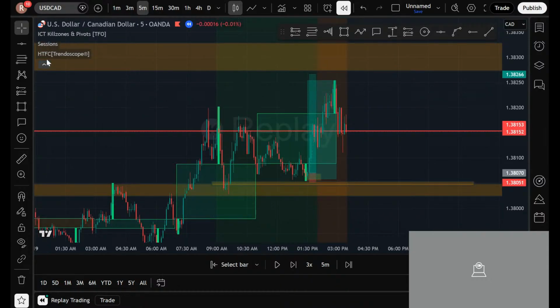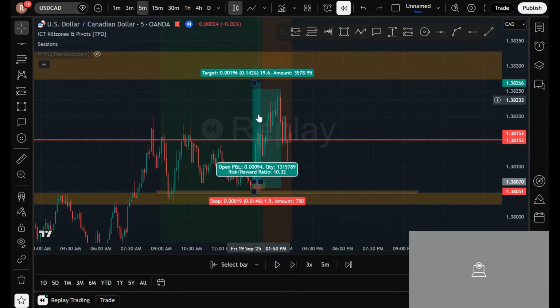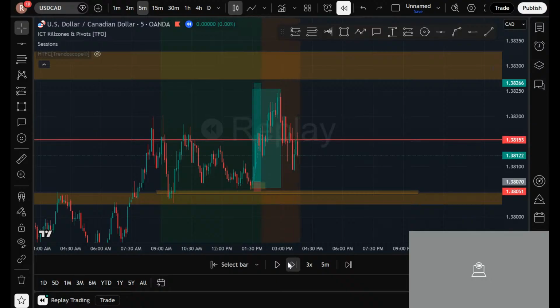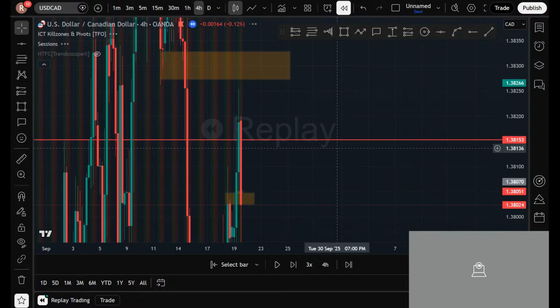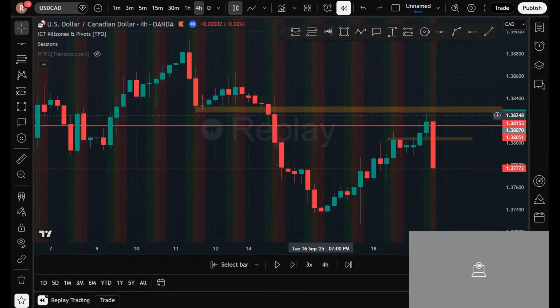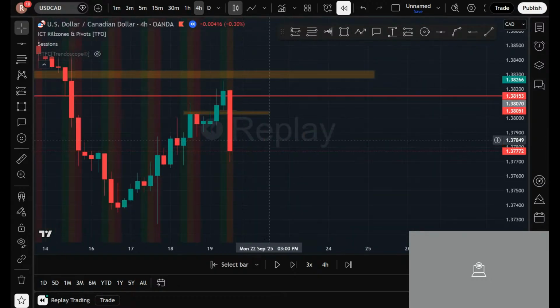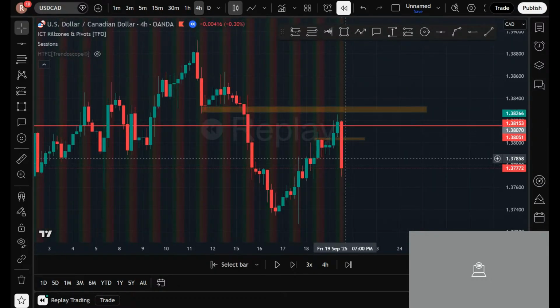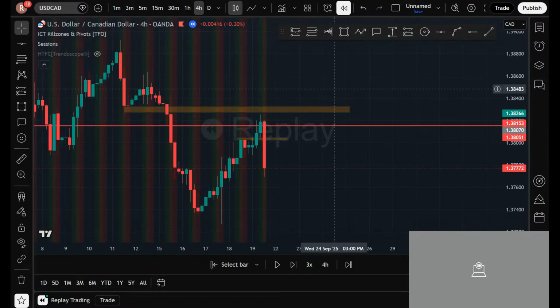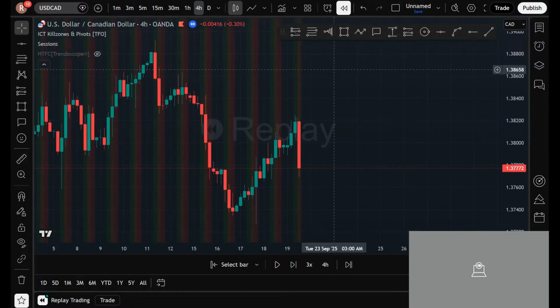See? Yeah, I knew this selling candle was about to come because of the buying pressure and the slowdown of price.